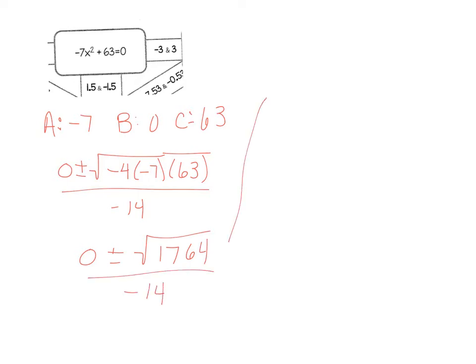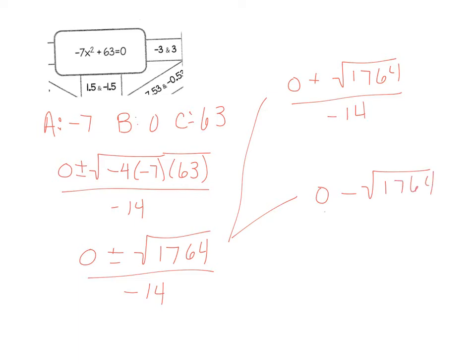So now this is going to split into two equations. We're going to have 0 plus square root of 1764 over -14. And you're going to have 0 minus square root of 1,764 over -14.